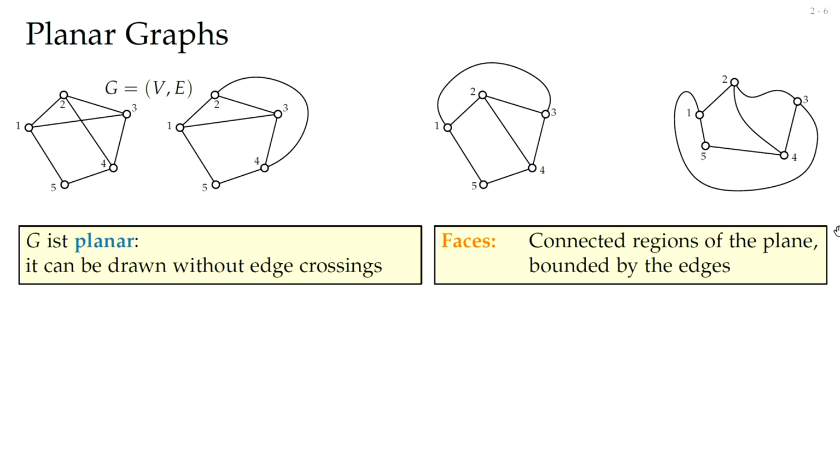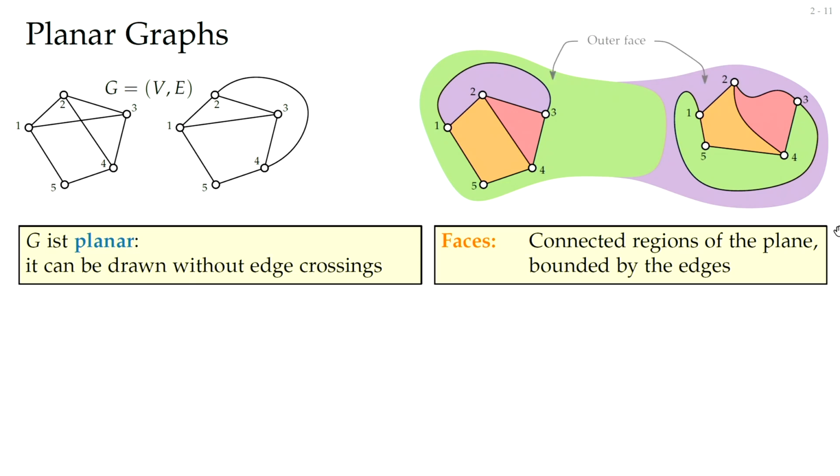And there are two ways to define that. The first one is that we look at the faces. The faces are just the connected regions of the plane that are bounded by the edges or vertices. If we look at these two drawings, and we color the faces, then we see that for all these colors, we have the same vertices in order around them. So these two have the same combinatorial embedding.